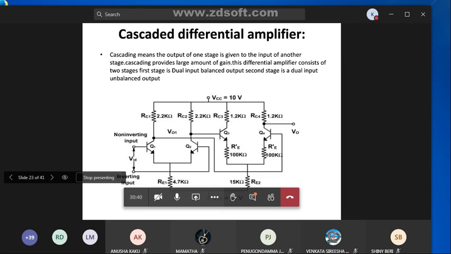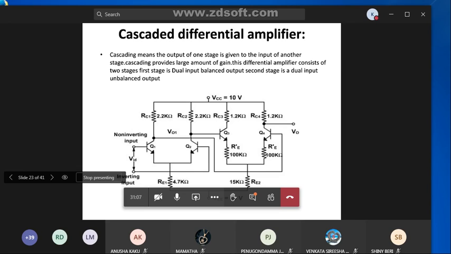That's why this type of connection is called a cascading connection. So this first differential amplifier is a dual input balanced output differential amplifier. Why? Because the output is taken between the two collectors, Q1 and Q2 collectors, and that output is applied to the two bases of the next stage transistors.